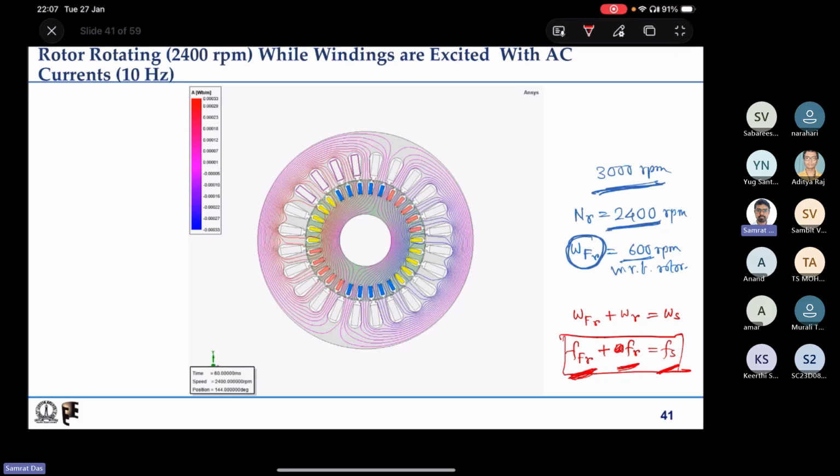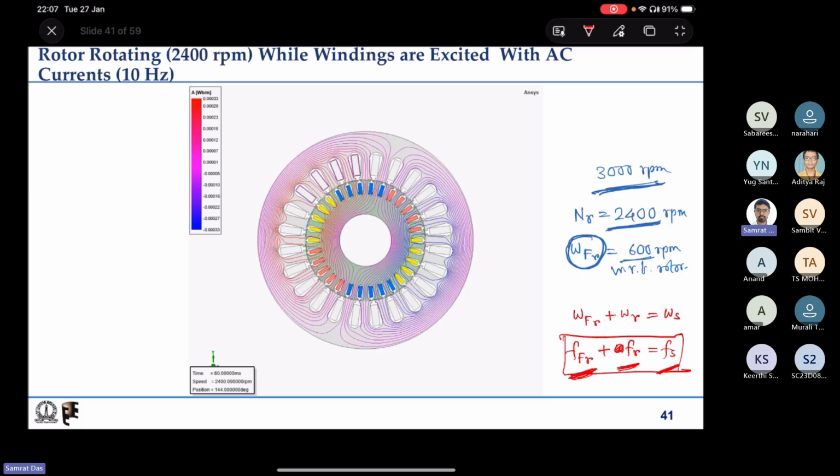Just like in the DC machine, which we are yet to discuss because that is the most complicated one, in the DC machine also we can have a 90 degree phase shift between stator and rotor naturally. Induction machine also we can have a natural phase shift of 90 degrees. But unlike these cases, in the synchronous machine we cannot have that. In no load condition it will be 0 degrees.